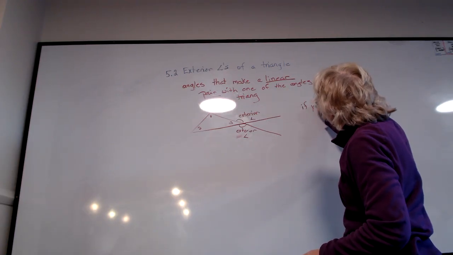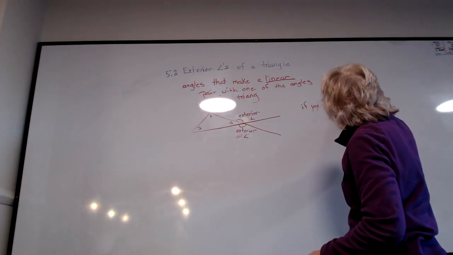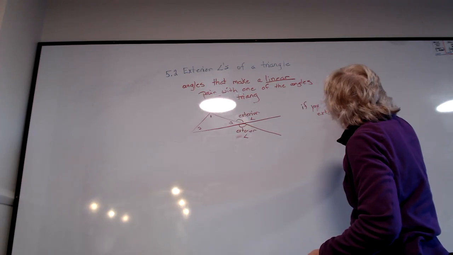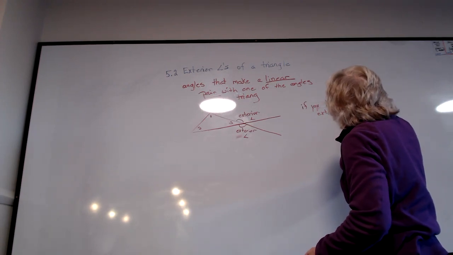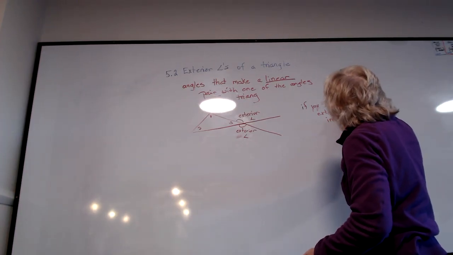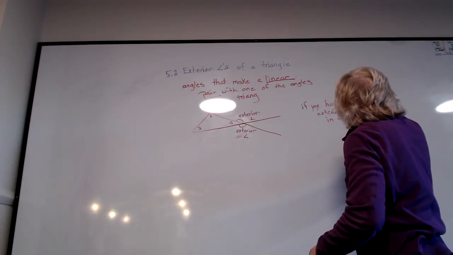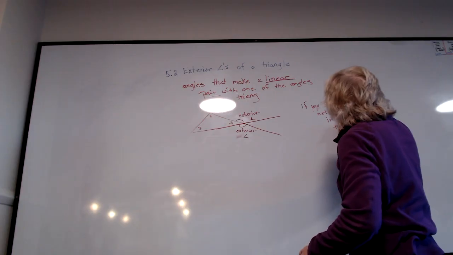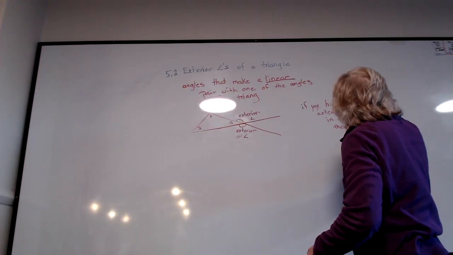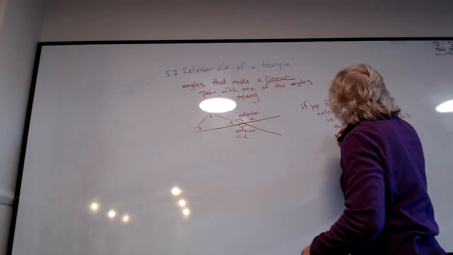So if you have 2 exterior angles with one angle in the triangle, then they are vertical angles and have the same measure.